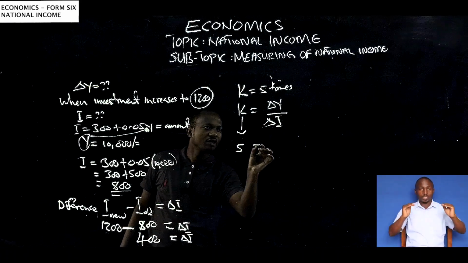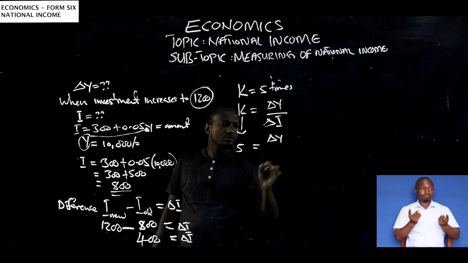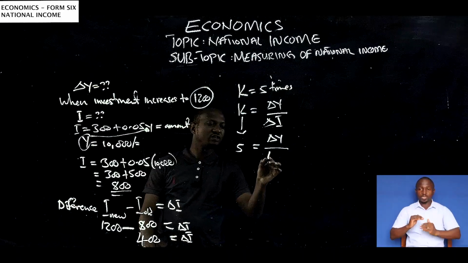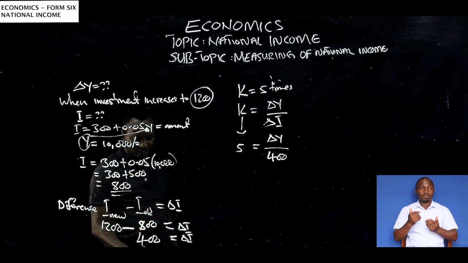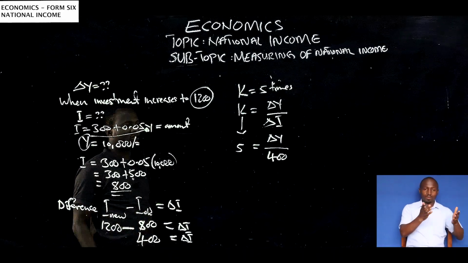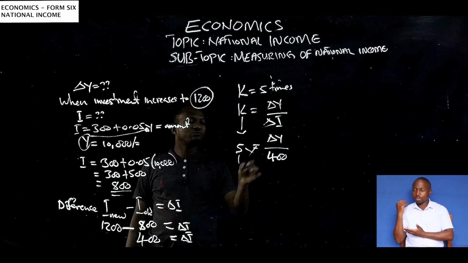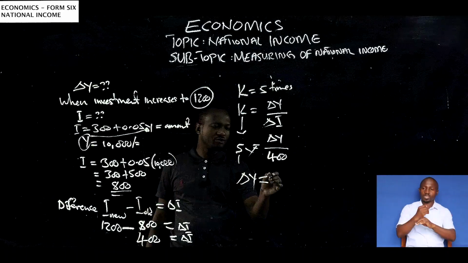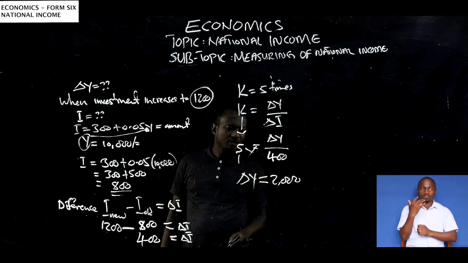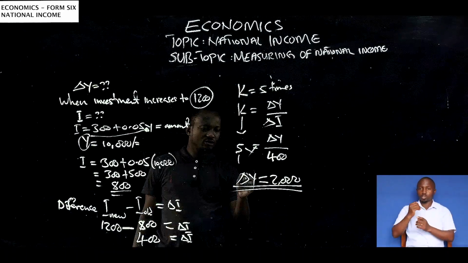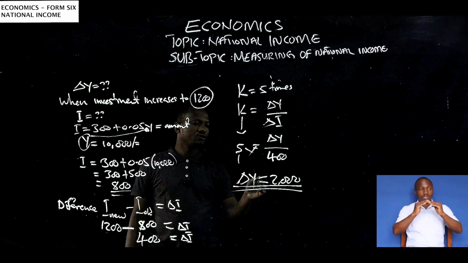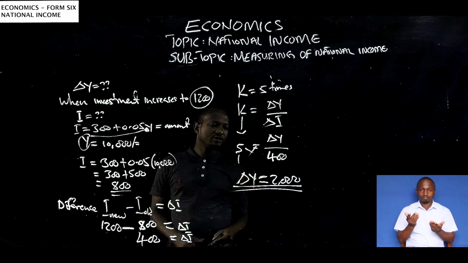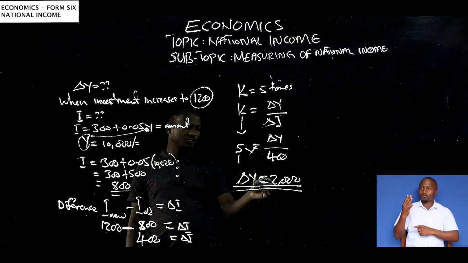Multiplier 5 equals change in income, which is not there, over change in investment. For the change in investment, you take 400, the difference between the new investment and the old investment. By cross multiplying, you will get the change in income, 5 times this. Change in income will be equal to 5 times 400, which is 2,000.